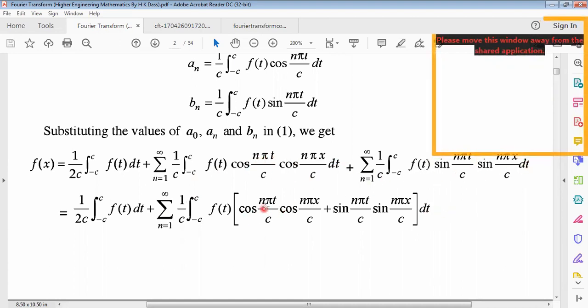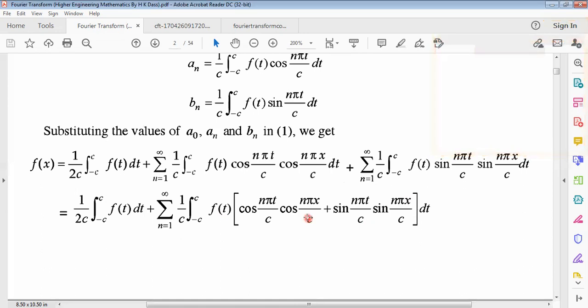Then we get cos n pi t by c cos n pi x by c plus sin n pi t by c into sin n pi x by c. You must understand, here we are just taking common f of t and dt, so with respect to t the integration is also common, and within the third bracket we get this after taking common.